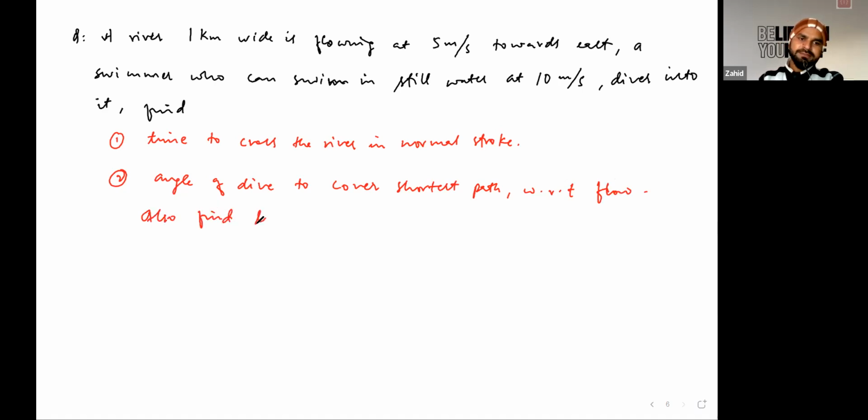Also find the time to cross the river in this way. Just use the previous concept and try to find these terms. Okay, sir.